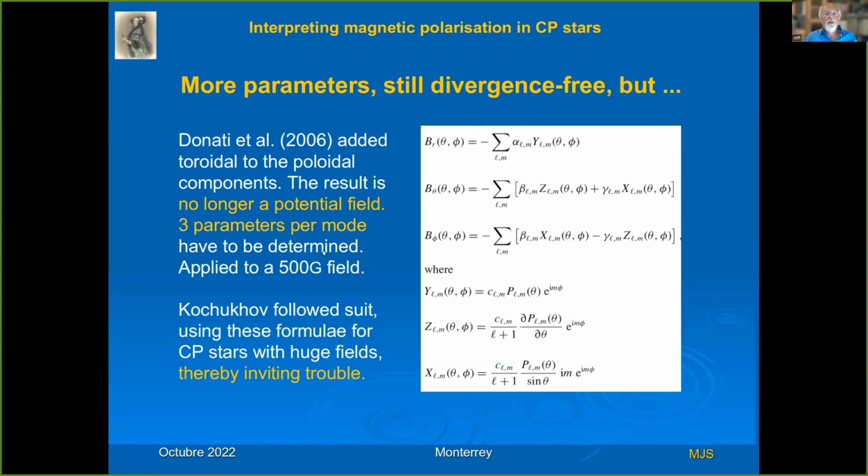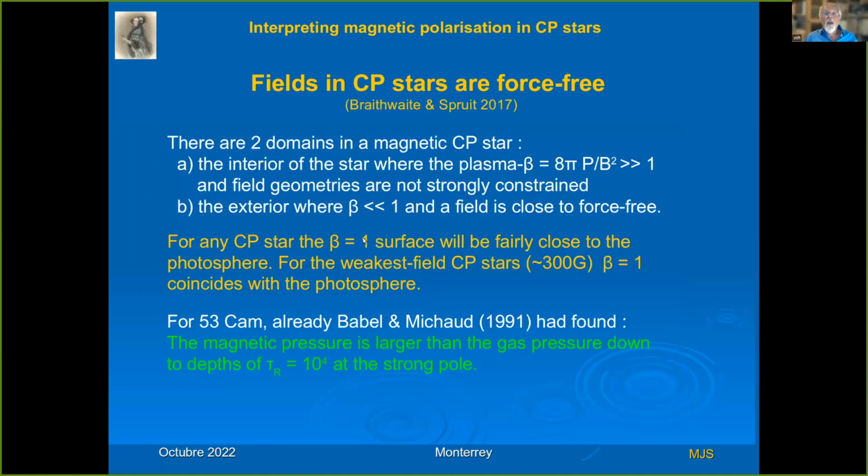So you have now 3 parameters per mode. Donati applied it to a 500 Gauss field, which is not too bad. That's probably legitimate, but Kochukhov used it for CP stars with very large fields. And it has been known for a long time, but Braithwaite and Boyd published it again in 2017.